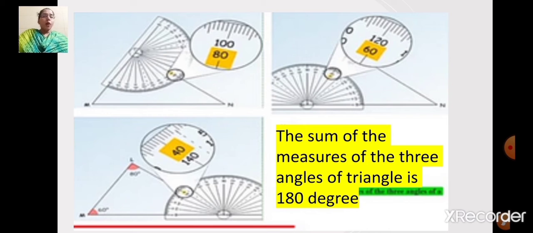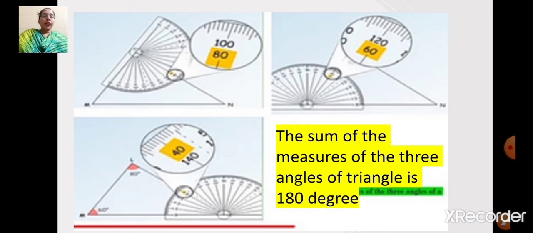I guess you all know to name the angles of triangle. We have learned it in the previous class. How to name the angles of triangles? Yes, I know you all know that. You can name the angle as NLM or LMN or MNL. Okay, children?